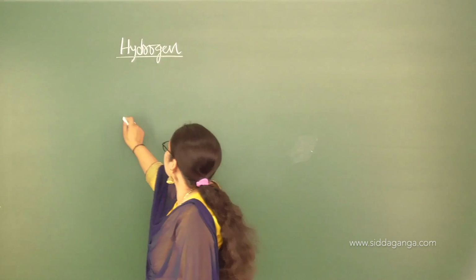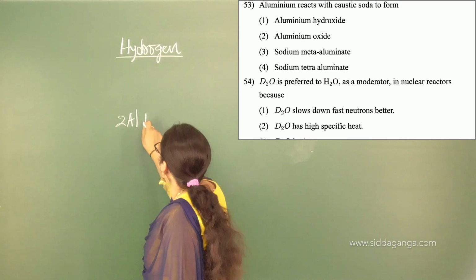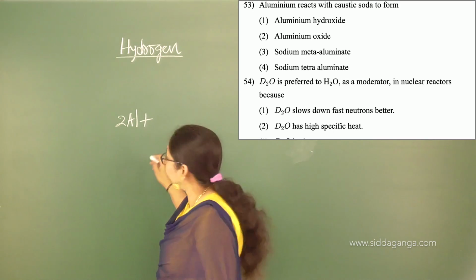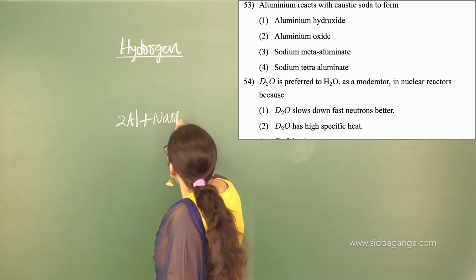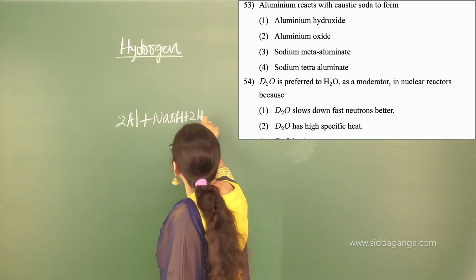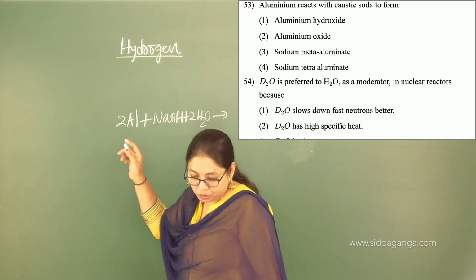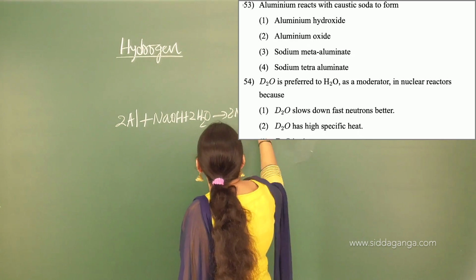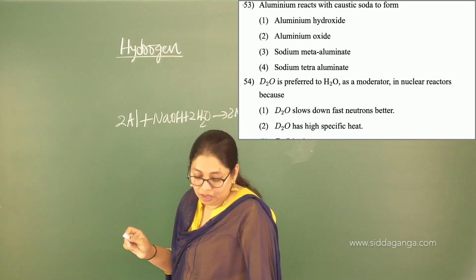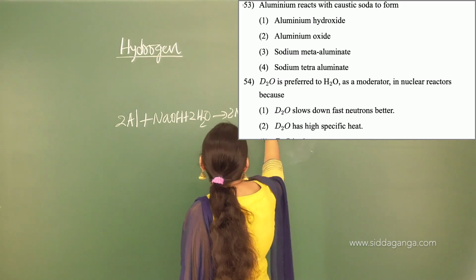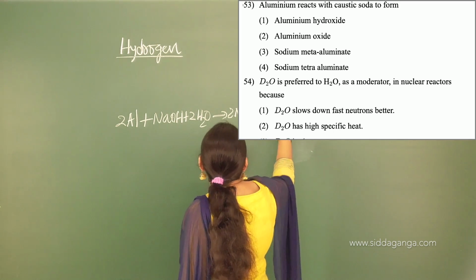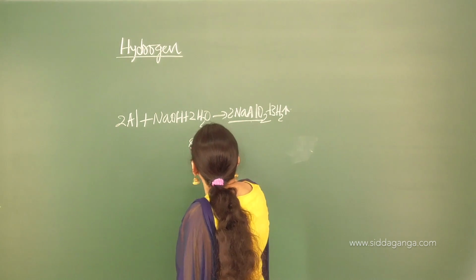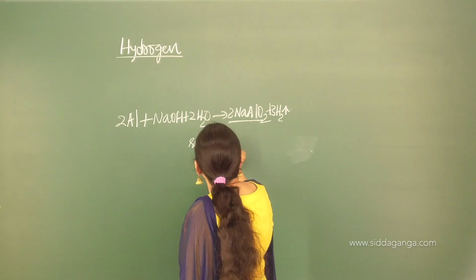If you want the reaction, I will write it: whenever aluminium reacts with aqueous solution of sodium hydroxide, it will form 2NaAlO2, that is sodium meta-aluminate, with the liberation of dihydrogen gas. This is the product. What do you call this one? This is called sodium meta-aluminate.